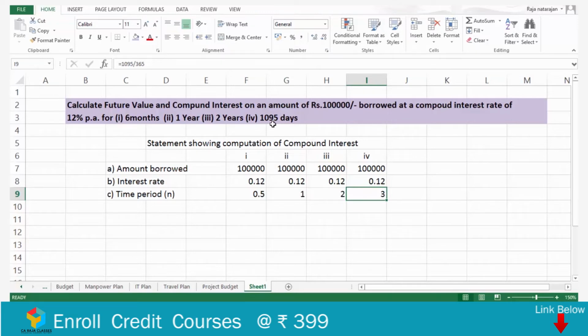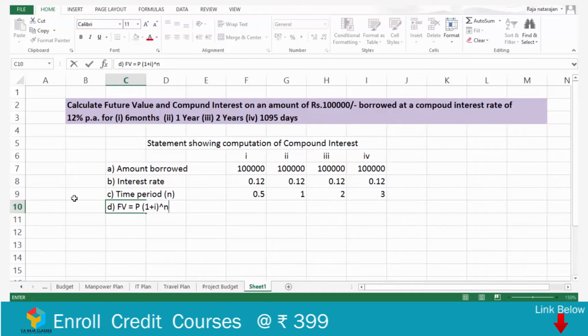Now it's time to calculate the future value, and we know the formula. Because we are talking about compound interest, we are talking about compound value. So future value is equal to principal, that's P, multiplied by 1 plus the interest rate, which can be called I, so 1 plus I, raised to the power n, that's the time period.